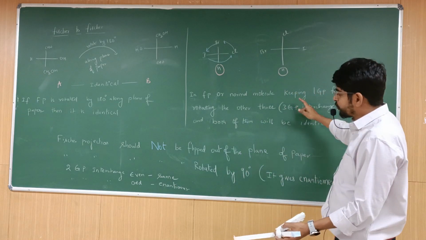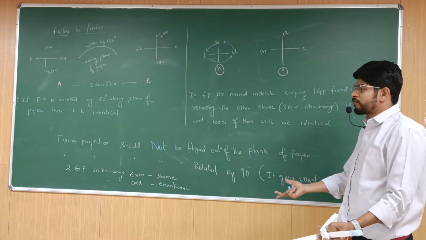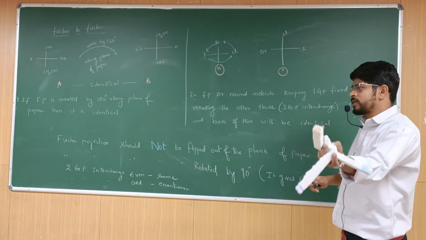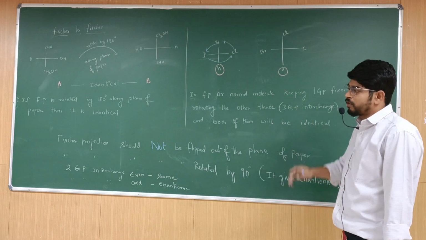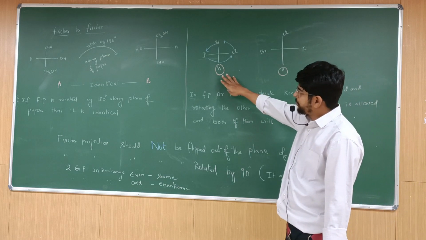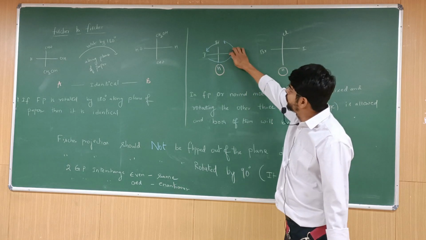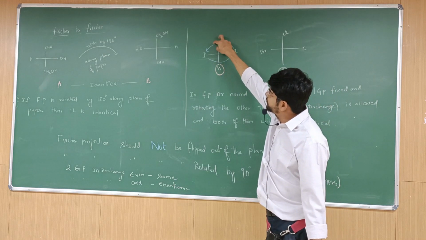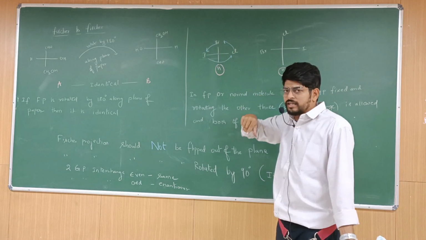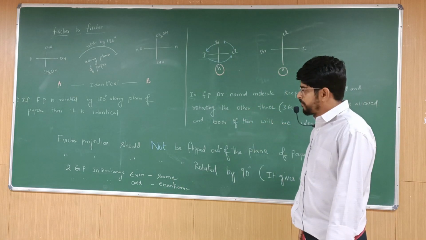So that is why 3-group interchanges, any number of times, clockwise or anti-clockwise, will result in the same configuration. On paper in Fischer projection, you can hold any one group fixed and rotate the other 3, clockwise or anti-clockwise, and you are going to get an identical molecule.